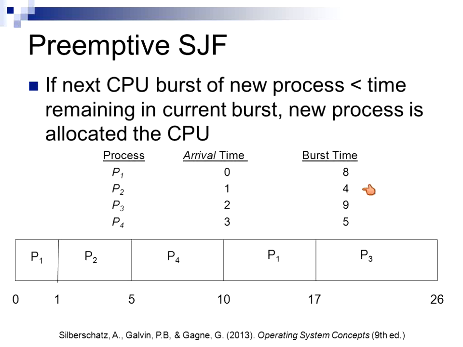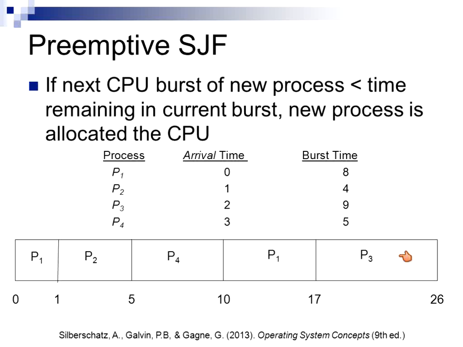So process 2 is allowed to continue executing. Once it finishes, the next shortest job is process 4, and then process 1, because remember it only had 7 left, and then finally process 3. So that's the preemptive shortest job first scheduling.